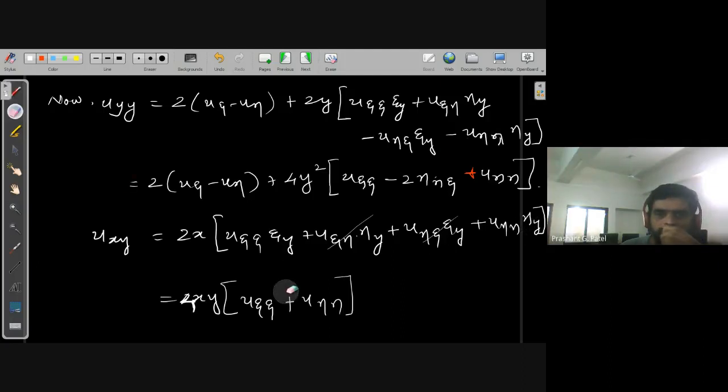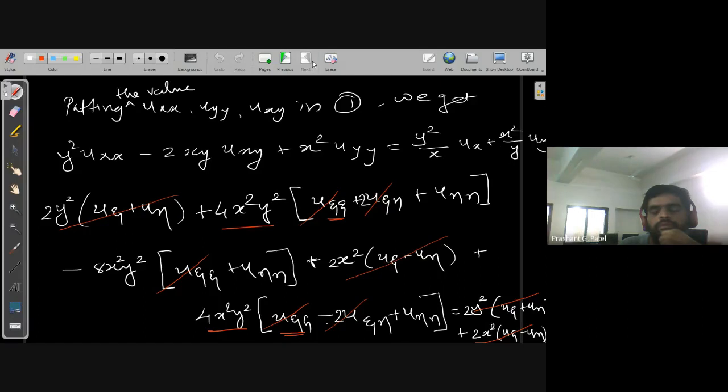So that's why it is minus here. So this term will become minus. This is minus minus plus. So altogether it is 16x square y square into u eta eta. On the other side, it is 0. So what is left is 16x square y square u eta eta equal to 0, because nothing is left on the other side.